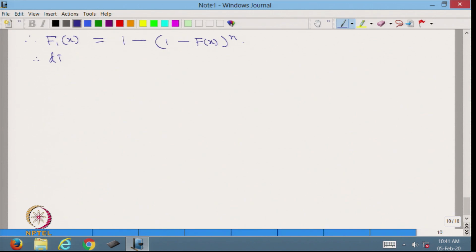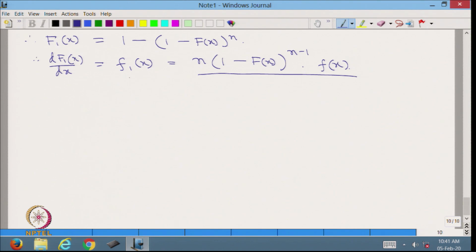Therefore, dF1(x)/dx, which is f1(x), is equal to n into (1 minus F(x)) to the power n minus 1 into small f(x), after differentiating with respect to x.